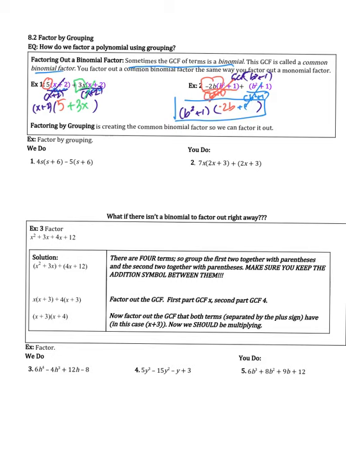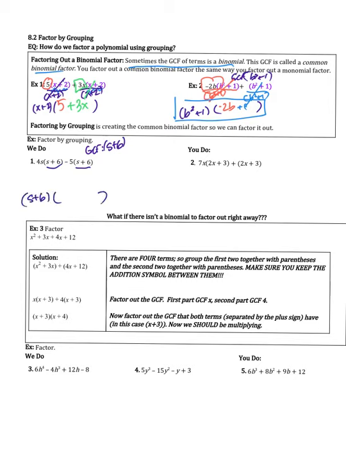So let's look at a couple more examples where that binomial is easy to identify. So go ahead and look at number 1 that we do and see if you can highlight or underline what that greatest common factor is, or even just state what that greatest common factor is. So that greatest common factor here is s plus 6, and you can see that each of the terms has it right here. So when I factor out this greatest common factor, s plus 6 is going to come out to the front.